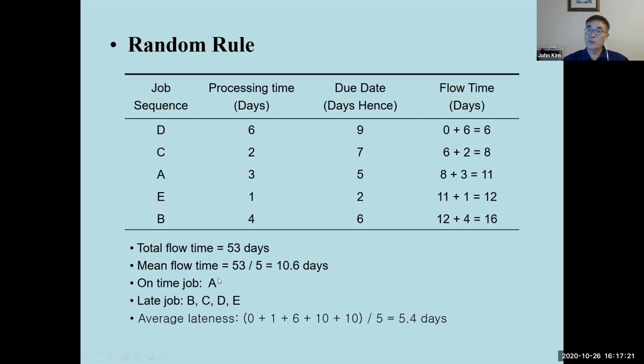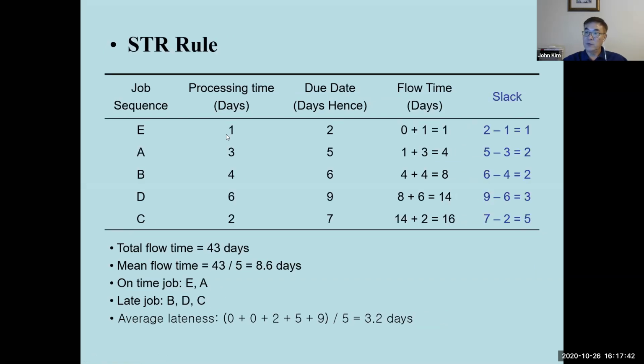Random rule, just take randomly, then 53 days of total flow time, 10.6 days mean flow time, on time A, others miss the due date, and then 5.4 average lateness. If we use the STR rule, then 43, 8.6, 2 jobs meet the due date, and then B, C, D miss, and 3.2 average lateness.